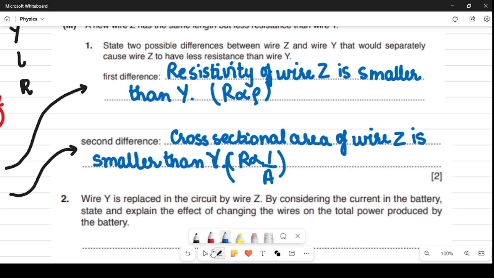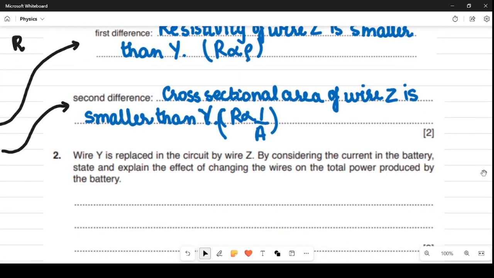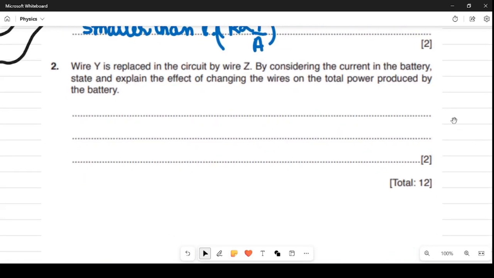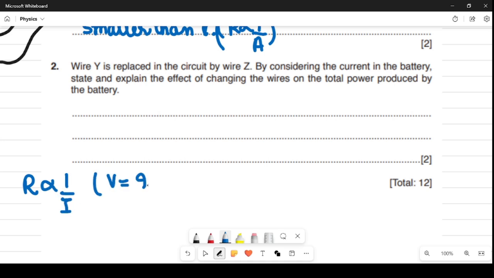Right. So this is our first part to the third part. Now, the last part tells you why Y is replaced in the circuit by wire Z. By considering the current in the battery, state and explain the effect of changing the wires on the total power produced by the battery. So we basically know that R is inversely proportional to current from V equals IR.